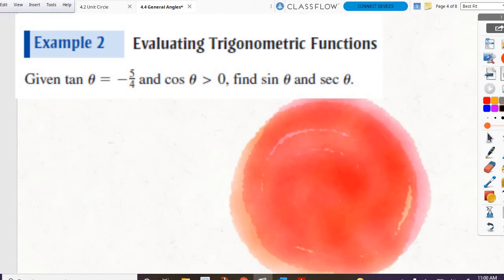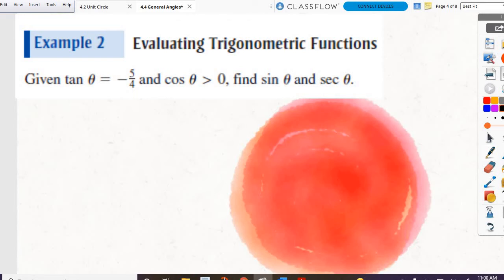So they give us that tangent of theta is negative 5/4. And then they tell us that cosine of theta is positive, and they ask us to find sine and secant. So this time, do they give us a point? Like they did last time?